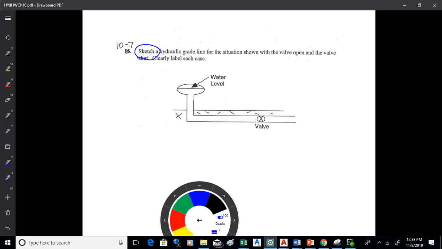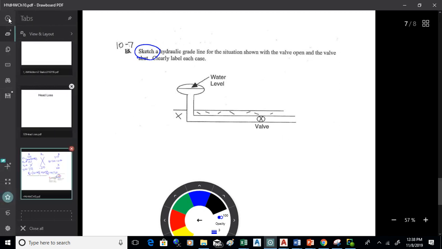All right, let's finish up these examples where we have a reservoir flowing down to a hydrant. Let's look at page 115, where we have a C that's different than 100.